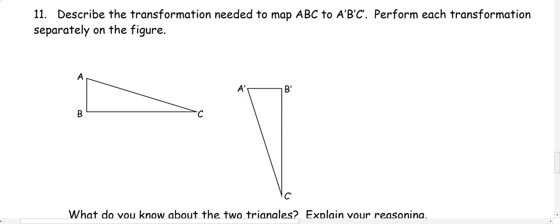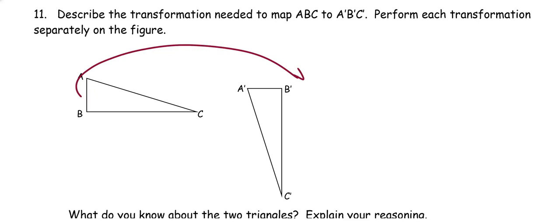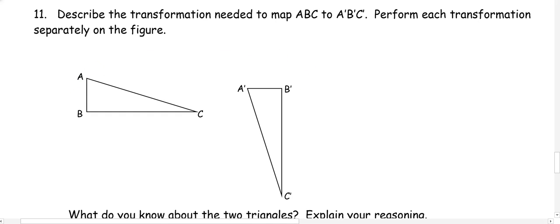Number 11, describe the transformation needed to map ABC to A prime, B prime, C prime. Perform each transformation separately on the figure. So the first thing we can do is we've got to move this triangle somewhere over here a little bit more so it's closer to our triangle. So we're going to say that we are going to translate all points of triangle ABC.